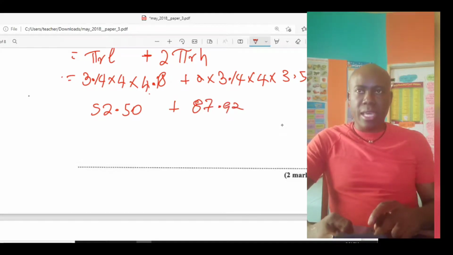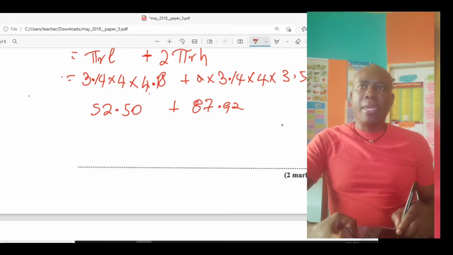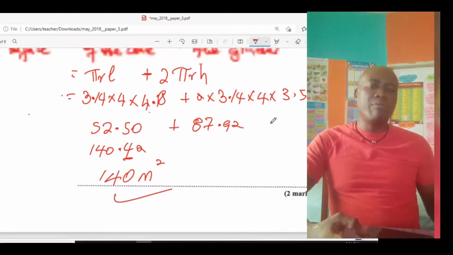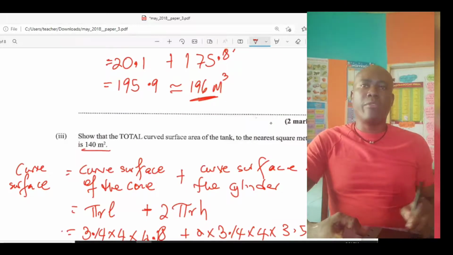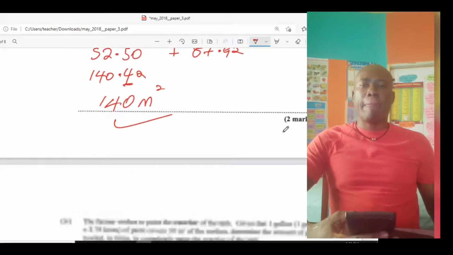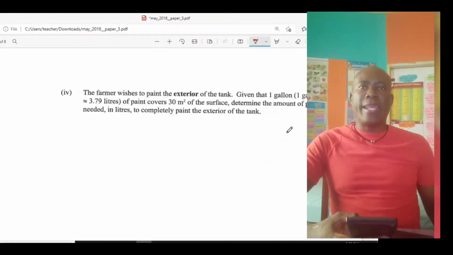So we want to add these together, the 87.92 plus the 52.50, and I'm getting as my answer 140.42. But remember, they wanted us to round to the nearest square meters, so this will be rounded down to 140 square meters. I wrote cubic by error. So here it is, we have proven that it is equal to 140 to the nearest square meters. All right, let us go to the final question.